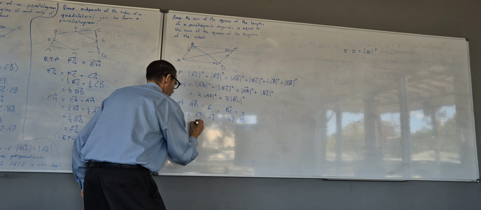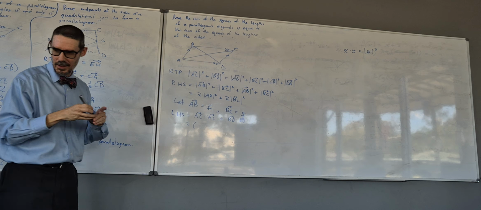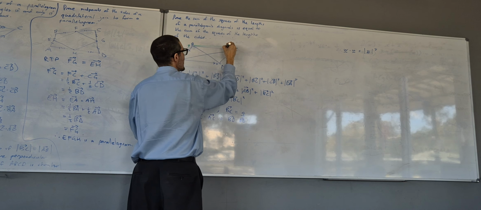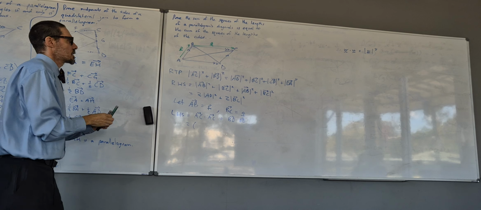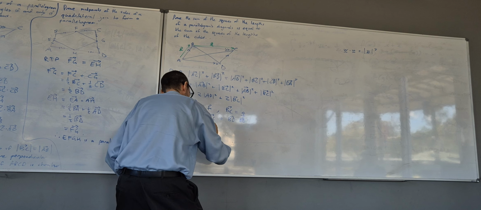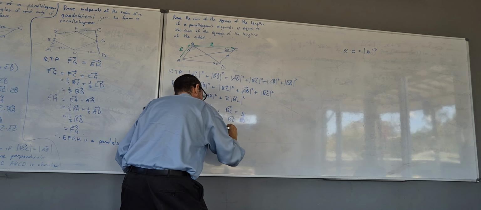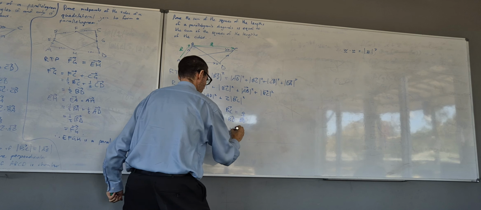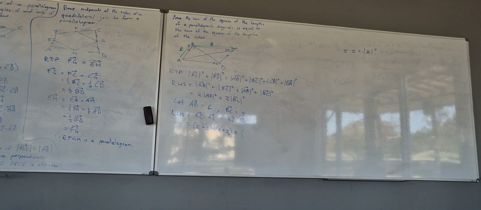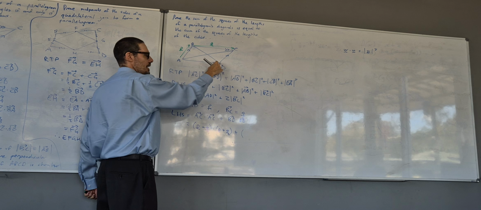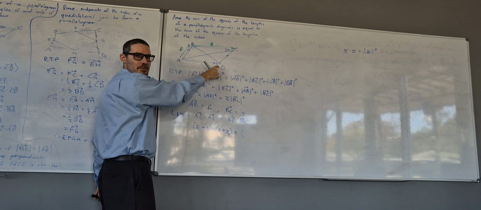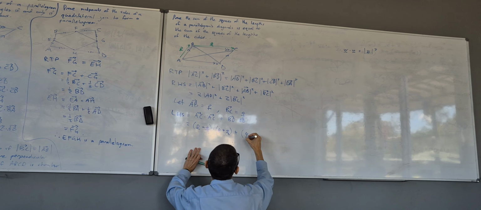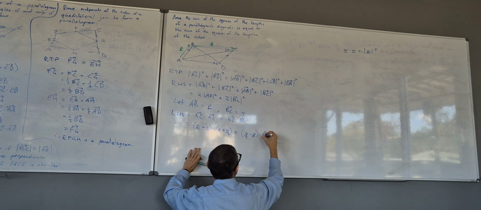Now AB is P and BC is Q. So AC is P plus Q, dot P plus Q, plus BD, which is Q minus P, dot Q minus P.